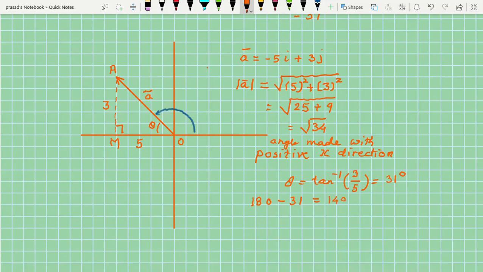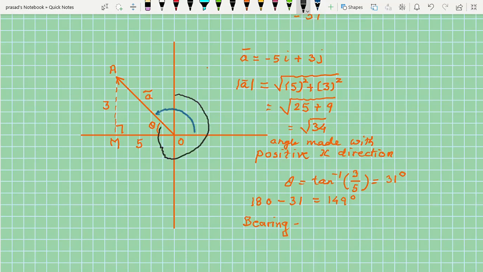Now suppose I want to express the direction of this vector in terms of the bearing. Now as you have just now seen, bearing is nothing but the angle made by the vector from the north direction in the clockwise sense.